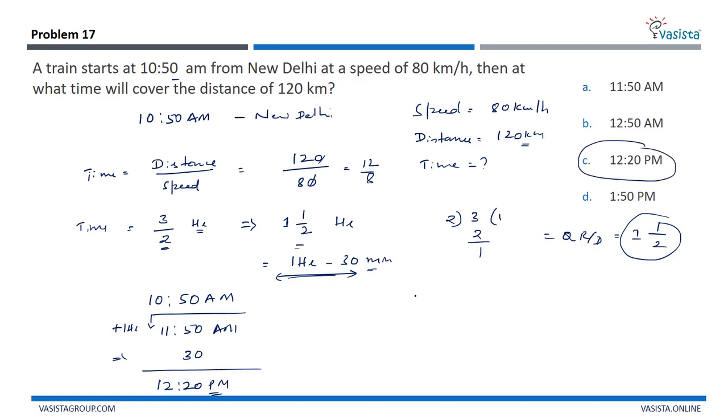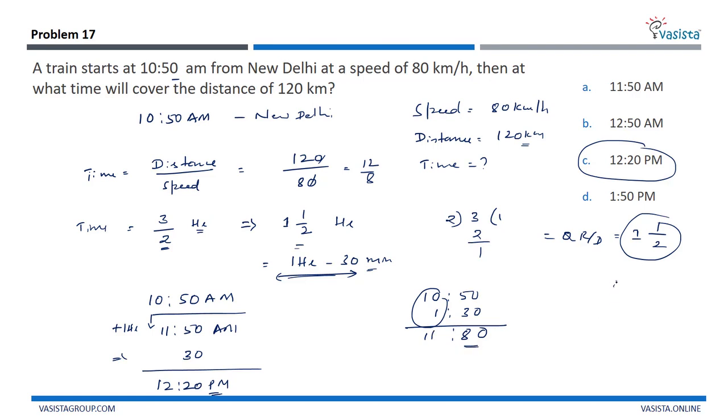But instead of calculating like this, you can calculate this way also. The train is leaving at 10:50, and we add 1.5 hour, that is 1 hour 30 minutes. 0 plus 5, plus 3, that is 8, so 80 will come. And 10 plus 1 is 11.